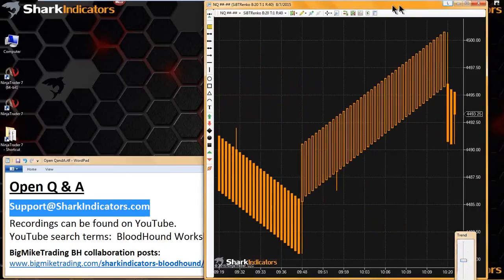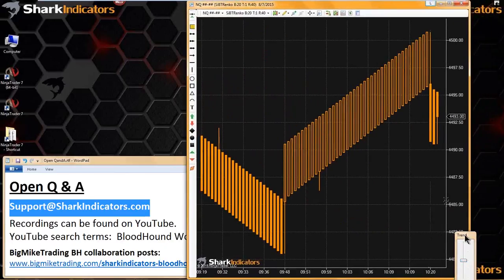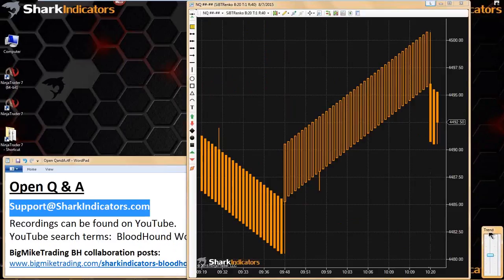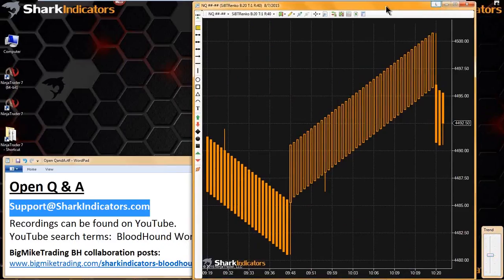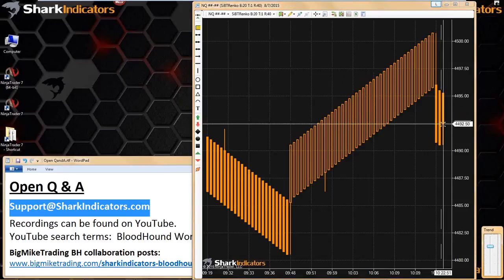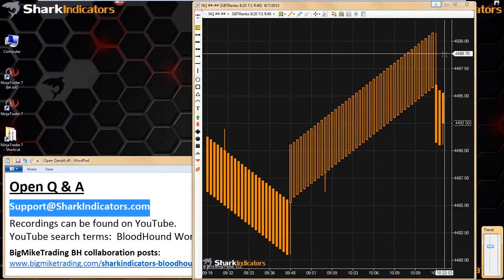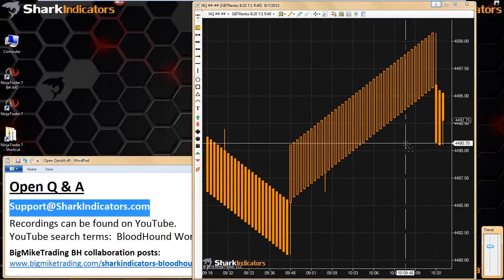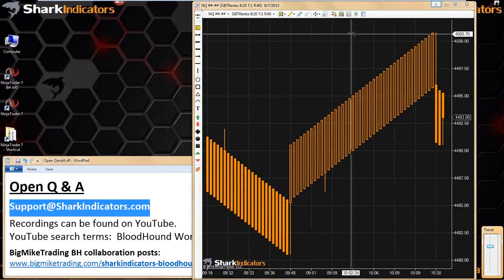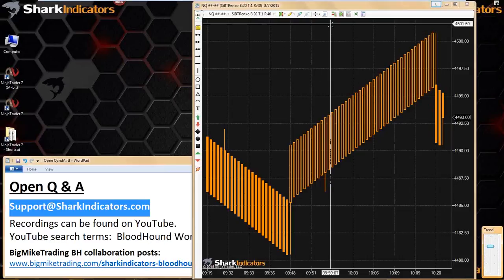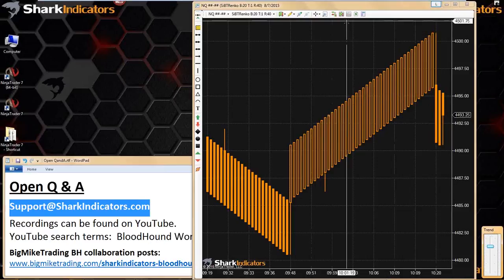Alright. Okay, good. So basically I'm going to adjust this simulated feed to create a pullback and generate a short signal here. While price is moving up a little bit, I'll show you how to set up Raven.